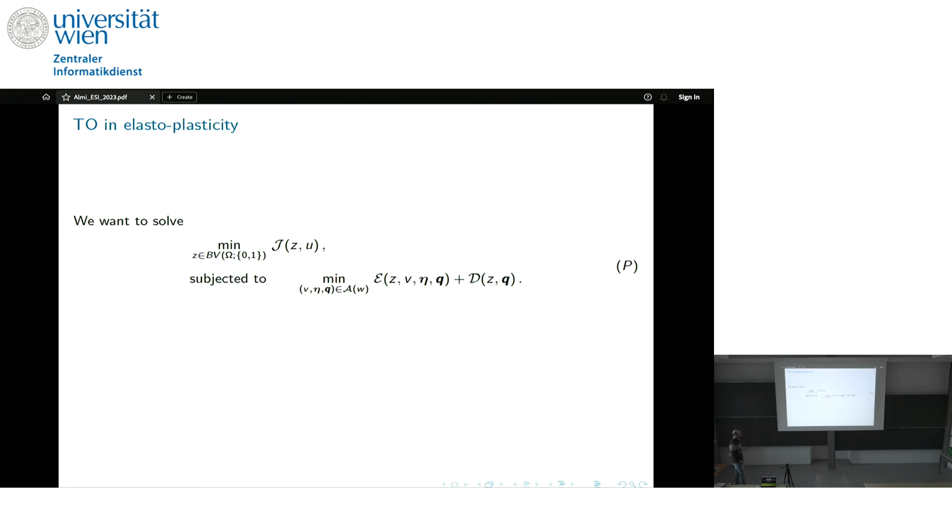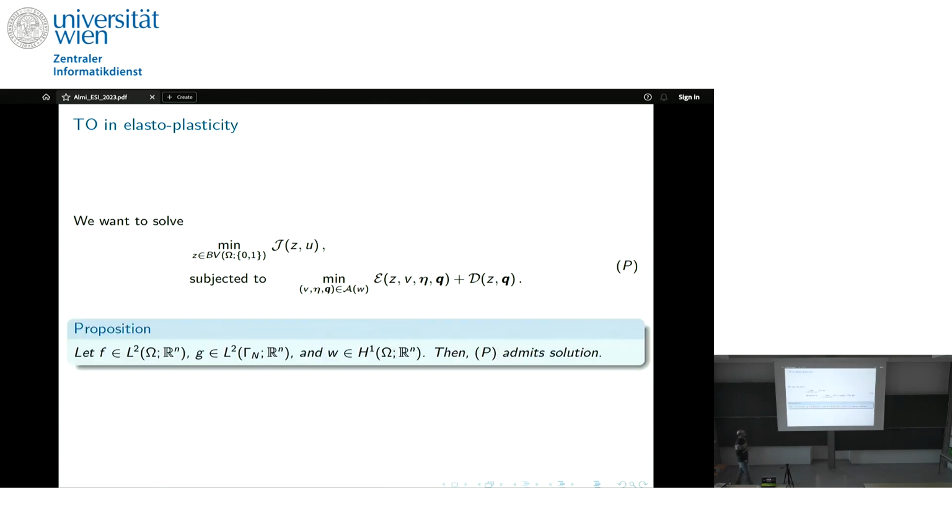So you minimize the energy E plus D given Z. In particular, since you are working in the hardening case, this problem is strictly convex, so you have a unique solution given Z. So at the end of the day, this functional J only depends on Z. So U is a function of Z, you know it. You don't know how regular it is, but it's given.